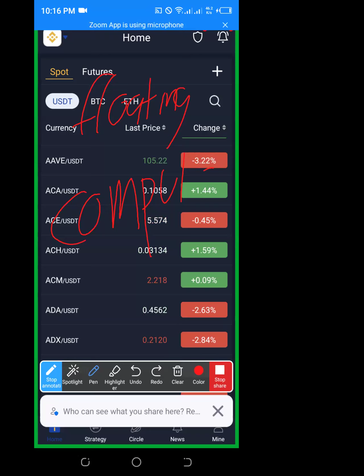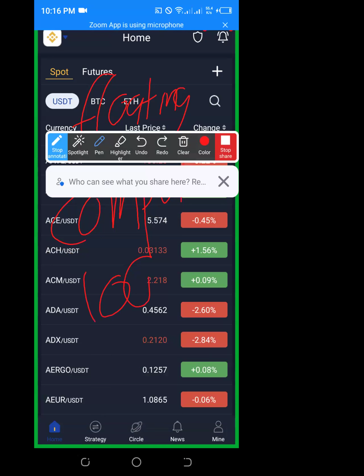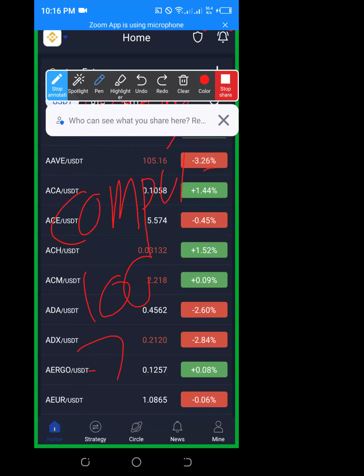I always tell you that it's better to be in the floating loss when you are trading one currency at a go. But you find someone with very small capital trading 4 coins, 5 coins, someone with $100 trading 7 coins at a go. You go deep in the floating loss of about 50%, 20%, 25%, 30% negative.